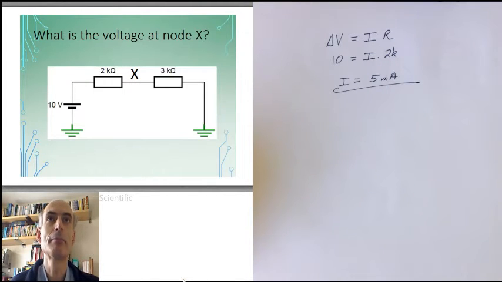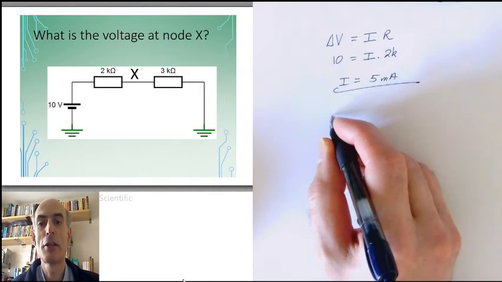This circuit. What is the voltage at node X? Well, it's everybody's favourite circuit. It's a potential divider. And we've seen lots of these before, and we'll be seeing a whole load more of them in the remainder of this module.